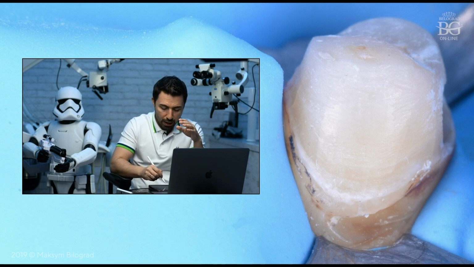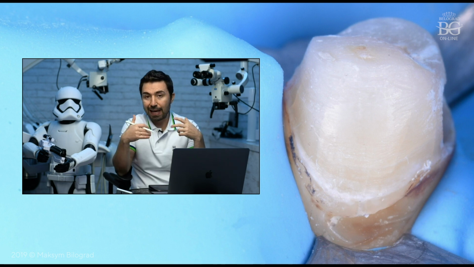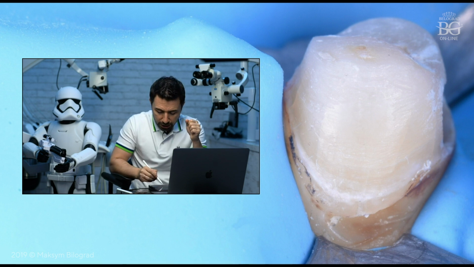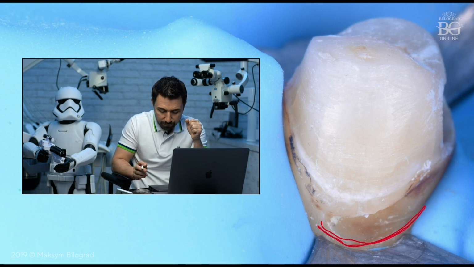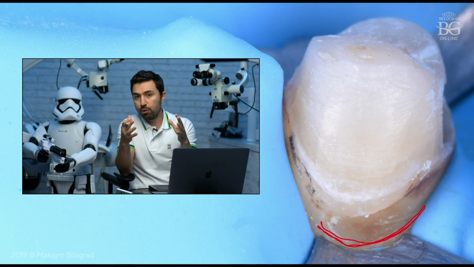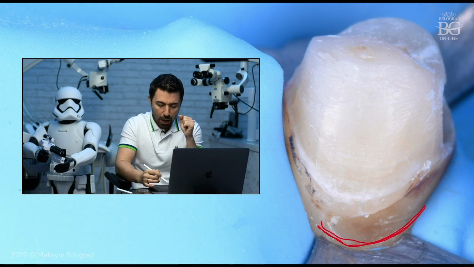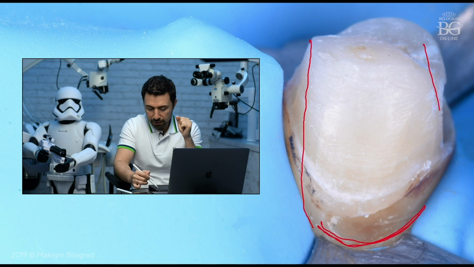The classic approach told me that once you remove the caries defect here at the cervical area, you have apical intact tooth structure that can be used as a reference point for the cervical finish line. In this case, I would have to prep this tooth slightly more, moving this preparation more apically.